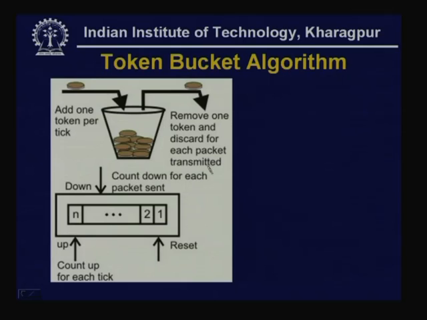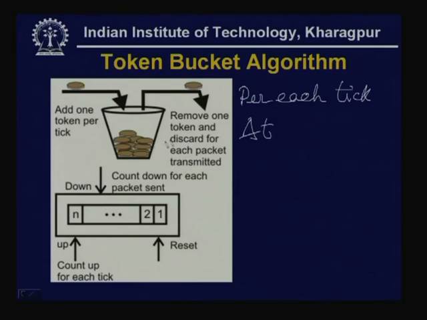You have got some kind of counter, and per each tick, say delta t, a token is added to the bucket, and whenever packets come, if you have got enough number of tokens accumulated, then it allows the traffic to be sent at the rate at which it has come.